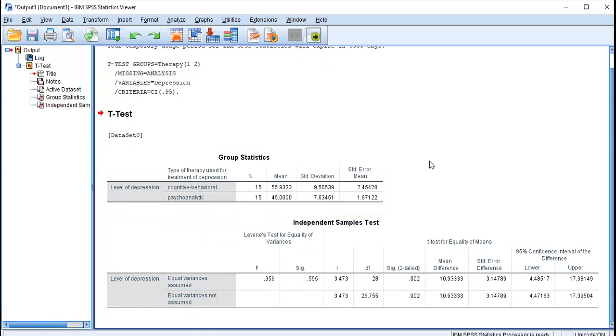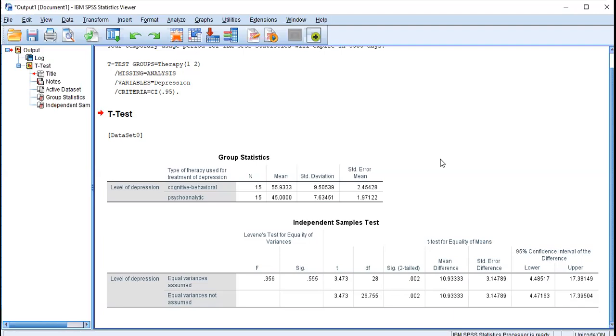So people who were being treated with cognitive behavioral appear to have a depression level high by at least 10 points, as compared to the psychoanalytic treatment given to the remaining people suffering from depression.